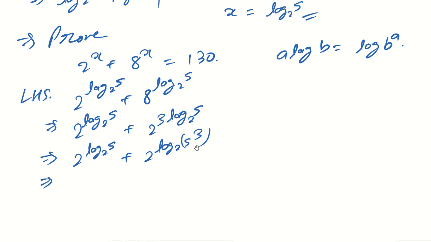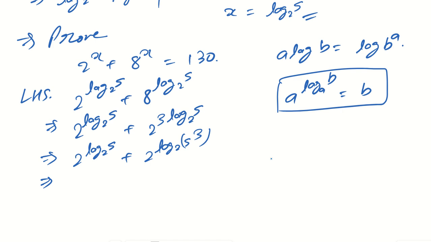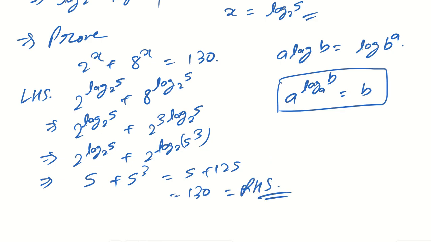Now you know that you can write down this formula, a to the power log b base a is actually b. Okay. So from here we are going to get first term as 5 plus next term as 5 cube, right? So this is going to give me 5 plus 125, that is 130, which is going to be the right hand side.